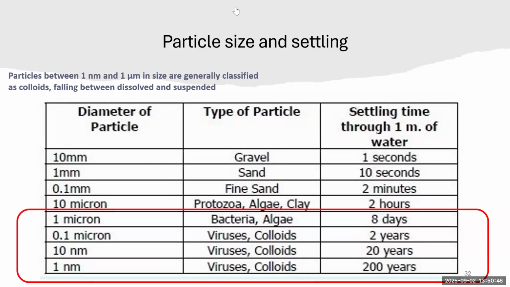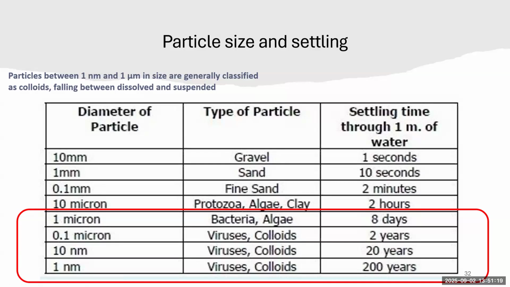Now, just to get some idea about sizes, we're going to explore sizes a little bit here. Particles between that smallest particle, 1 nanometer, and 1 micron are generally classified as a specific type of solid, a colloid. Colloids are very small, and there's a couple different ways to think about them. Colloids really can't be filtered with our standard filtering process.